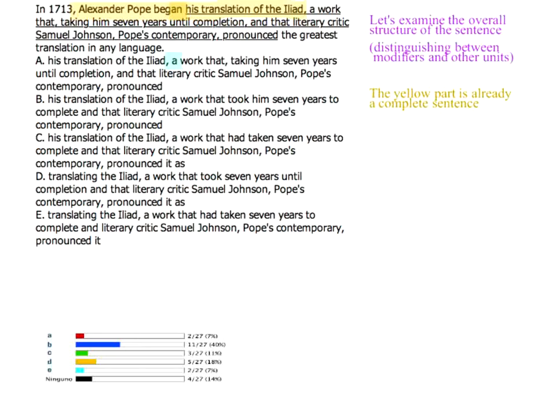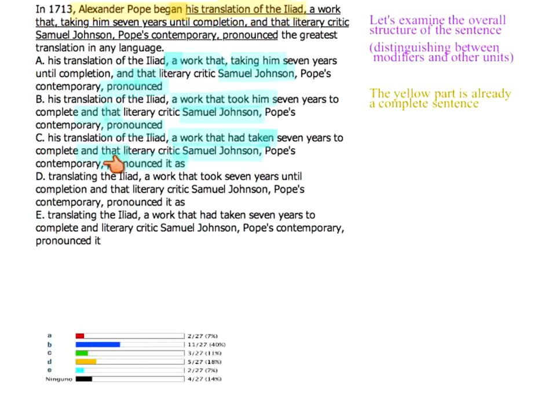In A, we've got a work that taking him 7 years until completion, and that Samuel Johnson pronounced. In B, we've got a work that took him 7 years to complete, and that Samuel Johnson pronounced so-and-so. Then a work that had taken, and that Samuel Johnson pronounced it as.